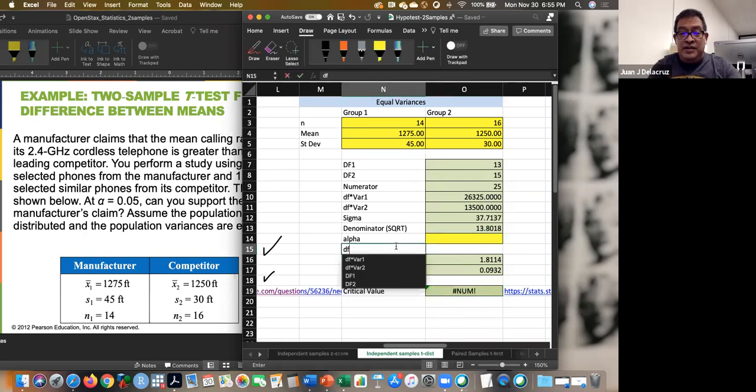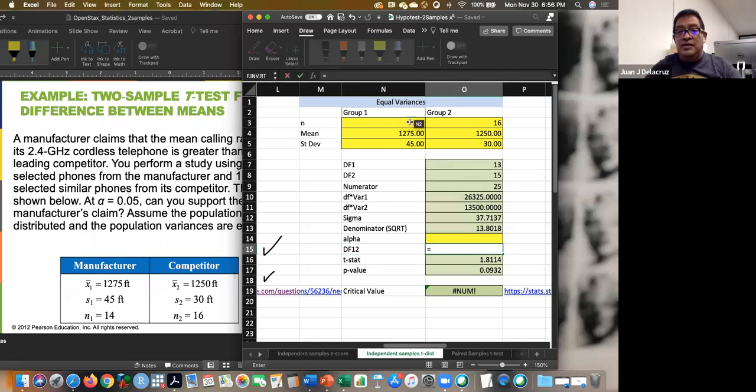So the degrees of freedom 1 and 2, right? Let's call it this way. It's going to be equal to sample 1 plus sample 2 minus 2, right? So that is 28.